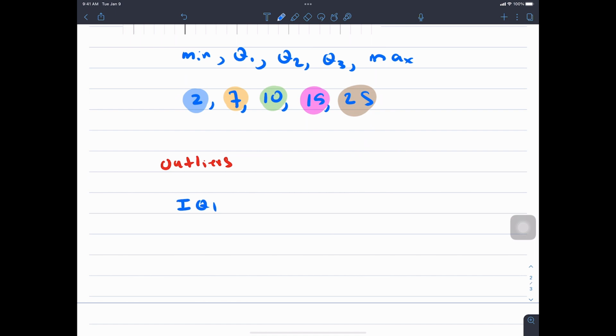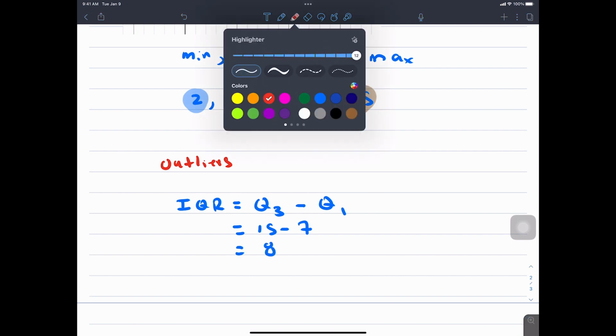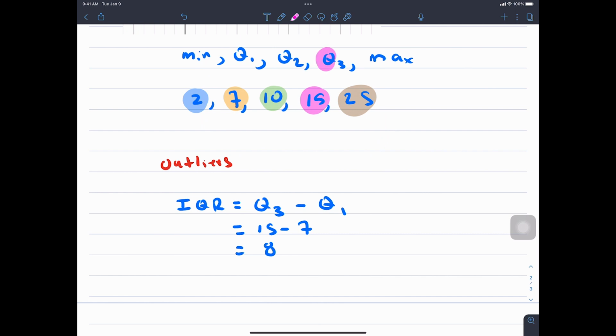By definition, it's Q3 minus Q1. So it's 15 minus 7, which is 8. You guys okay with that?